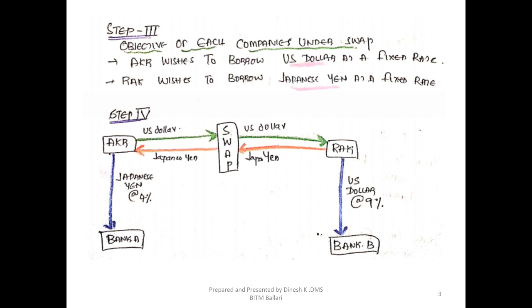Similarly RAK, which has an existing loan in US dollar at 9%, represented by the blue arrow, wishes to borrow in Japanese yen, shown by the orange arrow towards the swap, that is, it would make a payment in Japanese yen. The swap dealer will make a payment in Japanese yen to AKR, and AKR will make a payment to its existing lender. So this is step 4.